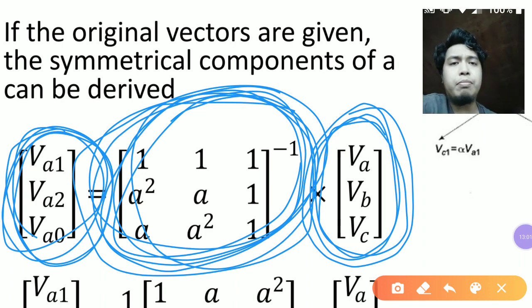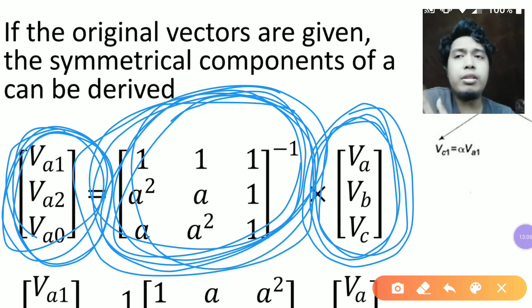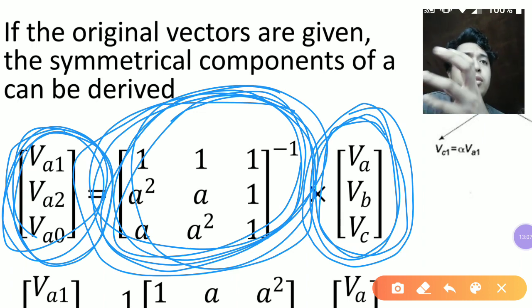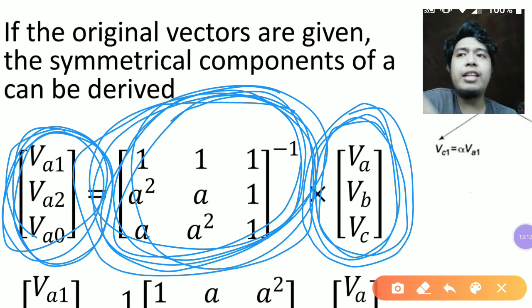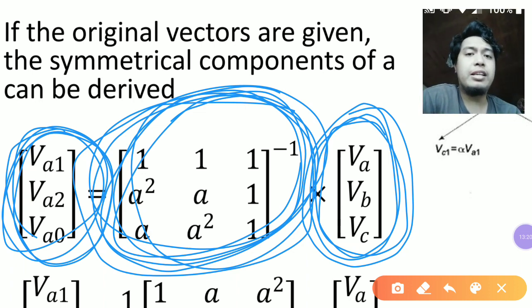So how do we get B1, B2, B0, C1, C2, C0? Of course, you know that these are balanced systems. So once you know the values of A1, A2, and A0, you can easily get B1, B2, and B0, C1, C2, and C0 just by displacing it by 120 degrees. Because it's a balanced network. The 3 symmetrical components are balanced networks.